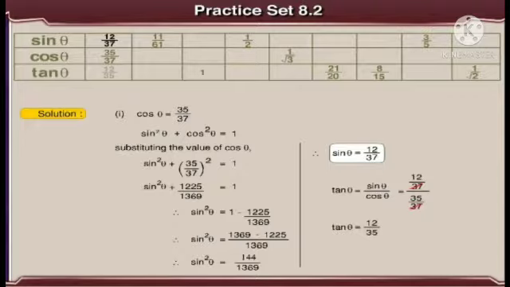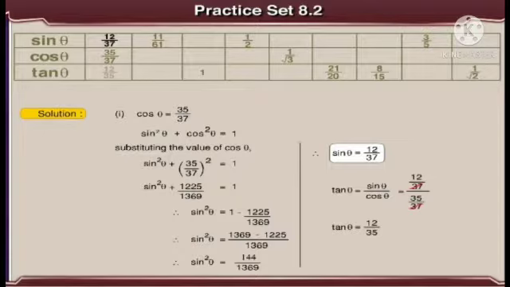Therefore, sin square theta is equal to 1 minus 1225 divided by 1369. After cross multiplication, we get sin square theta is equal to 144 upon 1369. So, after square root, we get sin theta is equal to 12 upon 37.